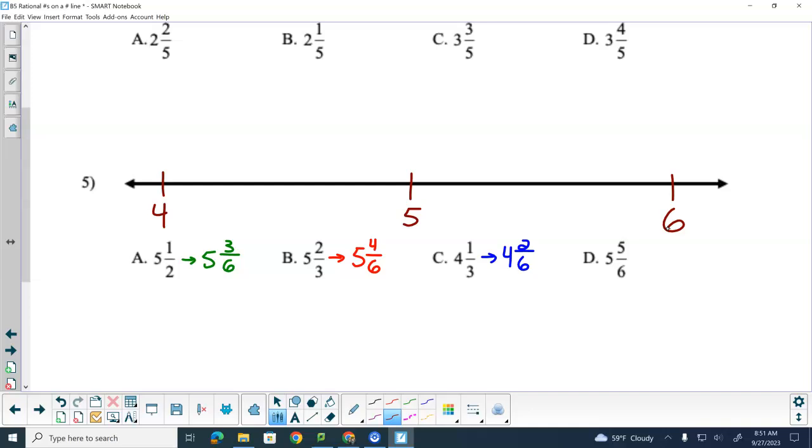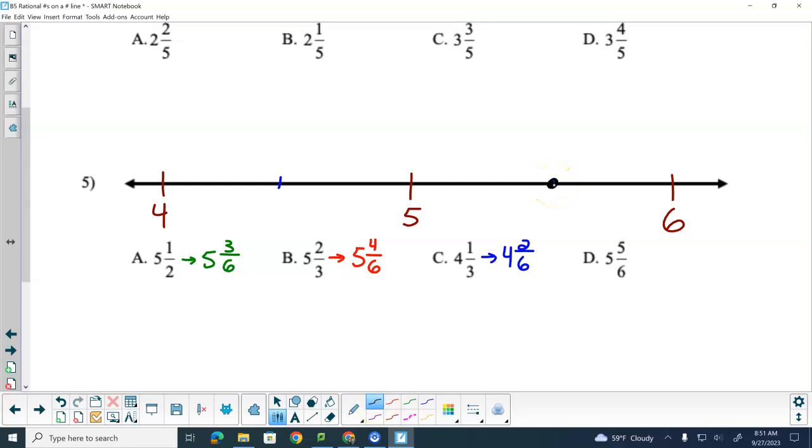Where between 5 and 6? Trick question, because it's already in the problem for you. Where should 5 1/2 go between 5 and 6? We could add little half lines. It should go on the half line, right? Because it's 5 1/2.